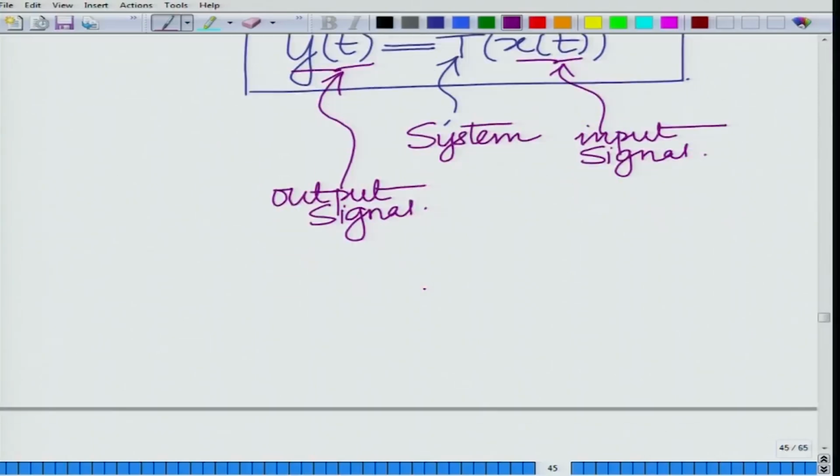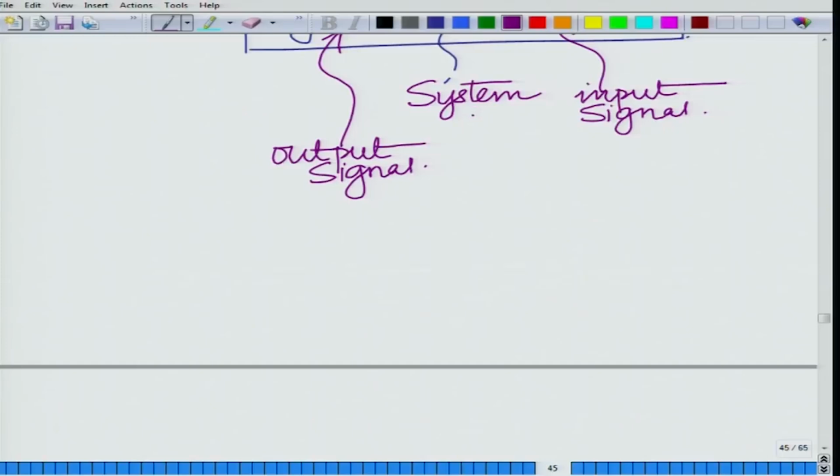It is also schematically represented, and we can think of it as a transformation.